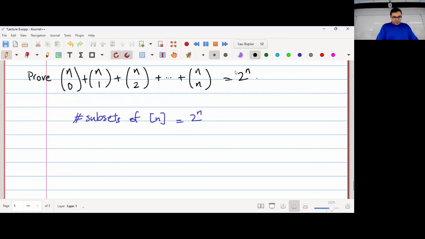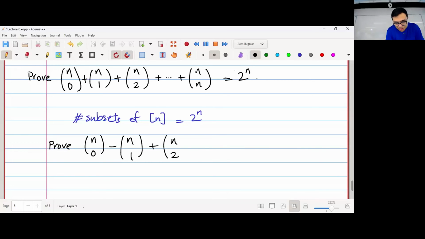Great. So let's do another one. Prove this: n choose 0 minus n choose 1 plus n choose 2 minus n choose 3 plus, and so on, plus minus 1 to the power of n times n choose n, is 0.